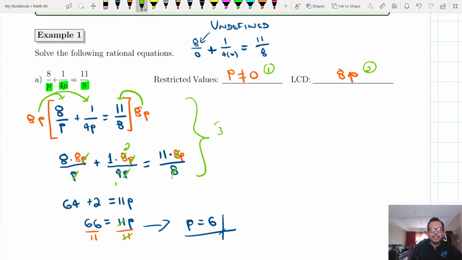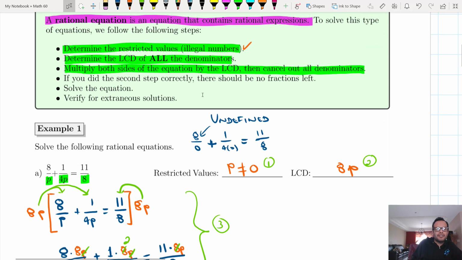Right here, this is where we multiply every single term of both sides by the LCD and divide out common factors. If we got the correct LCD, then the equation that we get will have no fractions left.